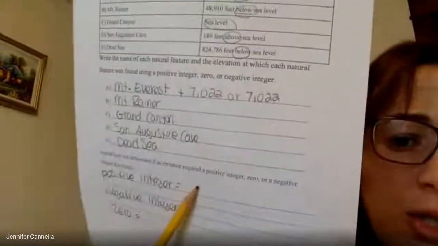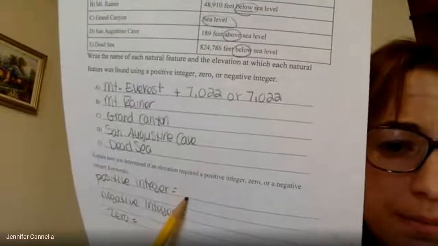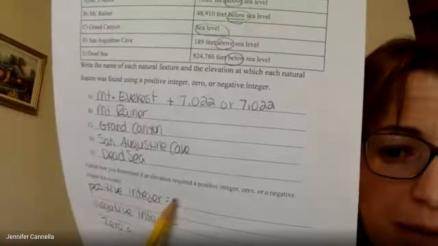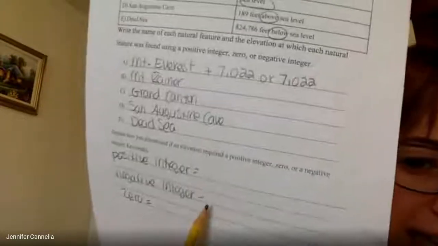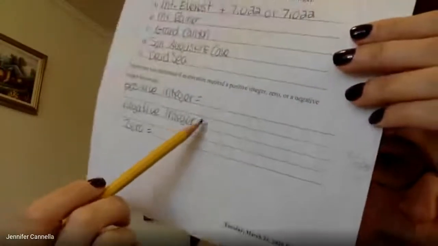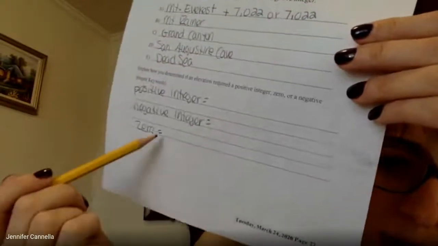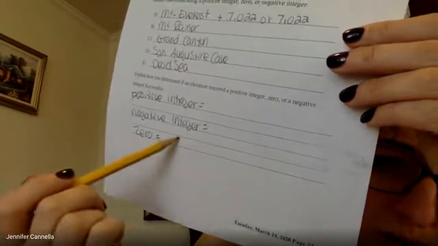So positive integer, what's the word that we look for? We look for above. Put above sea level. Negative is what kind of integer? Below. You're going to write on the negative line, below sea level. And when you have 0, what's the 2 words?